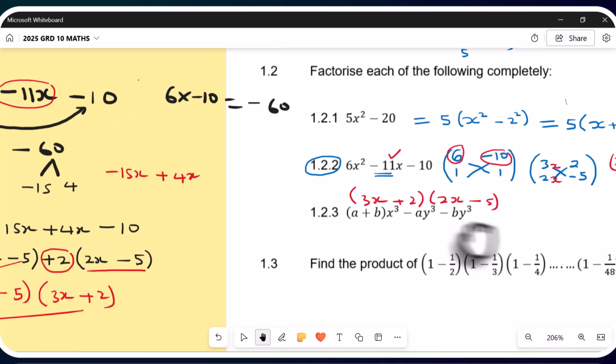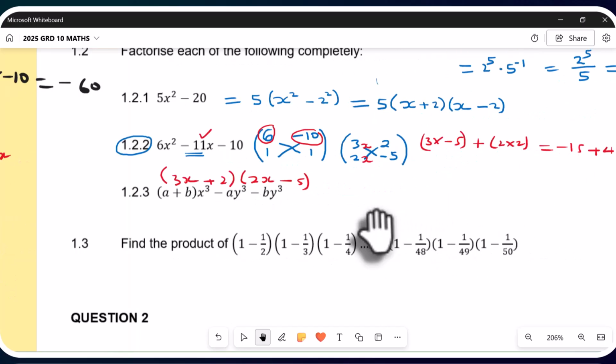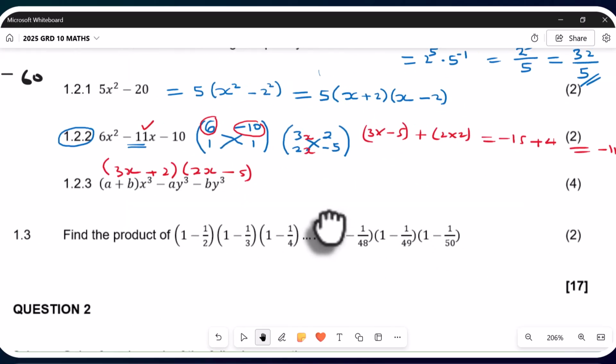Are we together? There I come to the difference of two cubes. And now my first answer is a plus b. Now what you've noticed is that always, if it comes to the difference of two cubes, the first sign comes in the first bracket. So I'm gonna say x minus y.